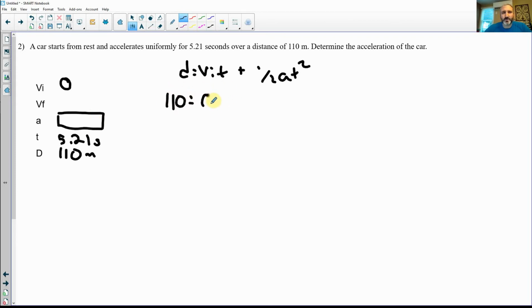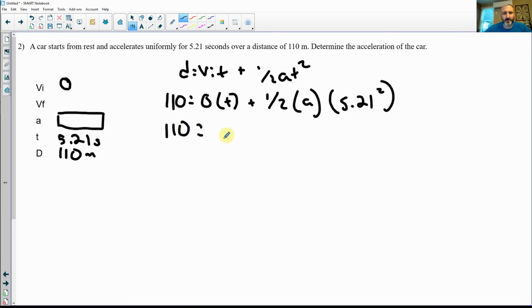110 equals 0 times T plus, which is 5.21, but whatever, that's going to be 0 anyway, plus 1 half times A times 5.21 squared. So 110 equals, that's going to be 0, so I'm going to get rid of it. 0.5 times 5.21 squared, that's going to be 13.57 A. So all I did here was I took 5.21 and I squared it and I multiplied it by a half.